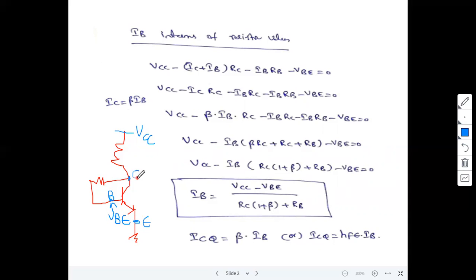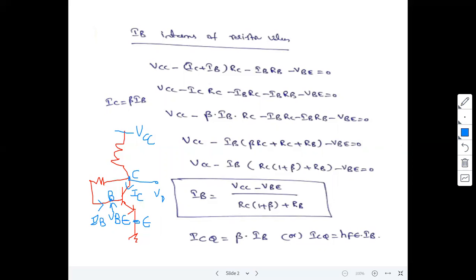This node is the collector node, and here is the output. Here the current directions are important. The current flowing through the collector terminal is IC, and through the base terminal is IB.